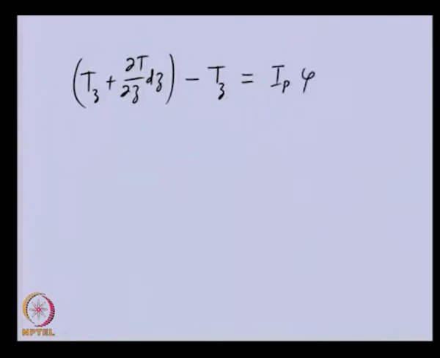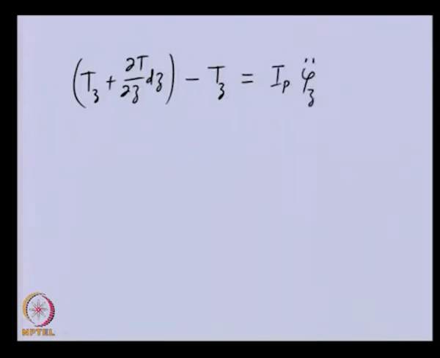So, Tz plus delta T, this is the torque which is acting on the right side of that shaft segment, minus the torque on the left plane, and that should be equal to the rotary inertia of the shaft segment.